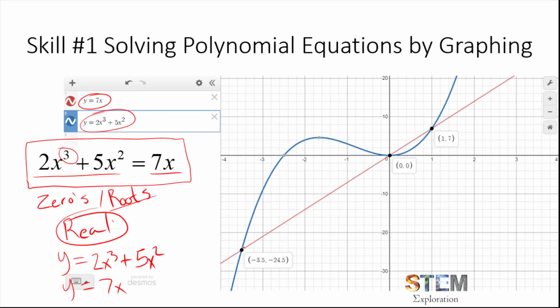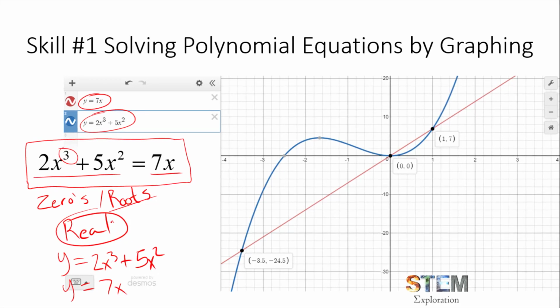Because all we would need to do in this case, if we wanted to find where the zeros of the polynomials are, assuming they're real, is simply identify the points where the two lines intersect. And these would be the solutions for this given equation.